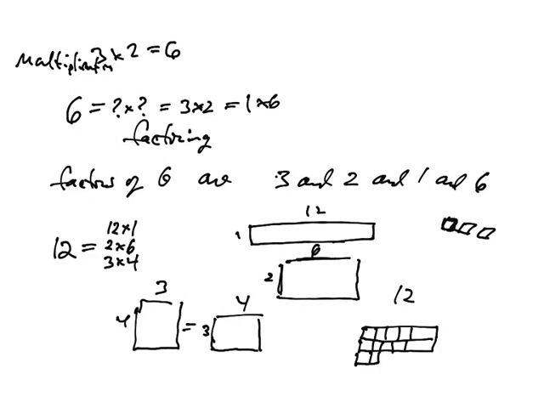So when you ask someone something like, is 3 a factor of 12, that's another way of saying, can you make a rectangle with 12 squares so that one of the side lengths is 3? And the answer is yes. So finding factors of numbers is an interesting thing, and some numbers have very few factors. What's funny about factors is that for 6, the factors are 1, 2, 3, and 6.